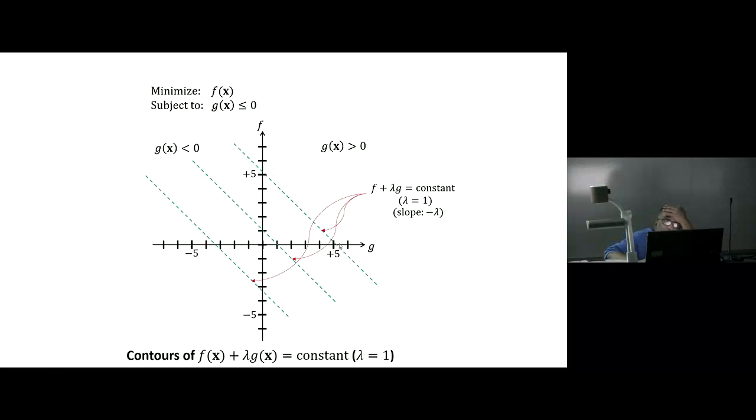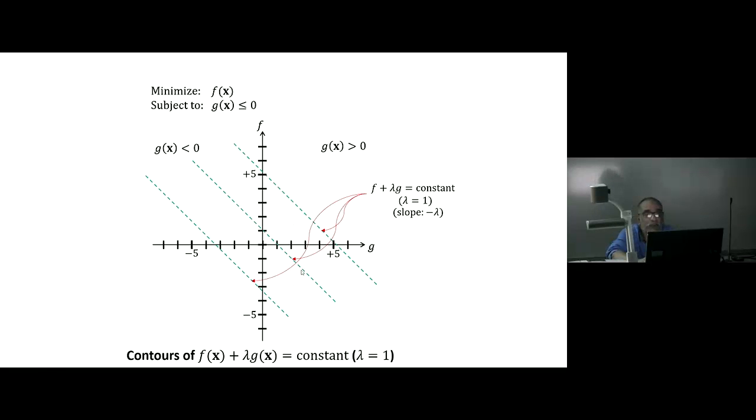And this is for some other value of lambda. Again, lambda is constant. Here, lambda is fixed at, excuse me, lambda cannot be negative. Lambda equals 1, and the slope is -1, negative lambda. So what's the value of the constant here? The y-intercept is 5, so f plus lambda g equals 5.